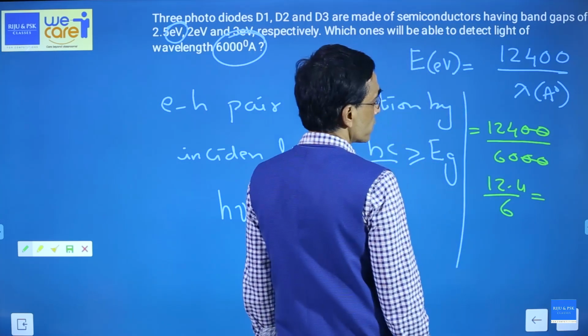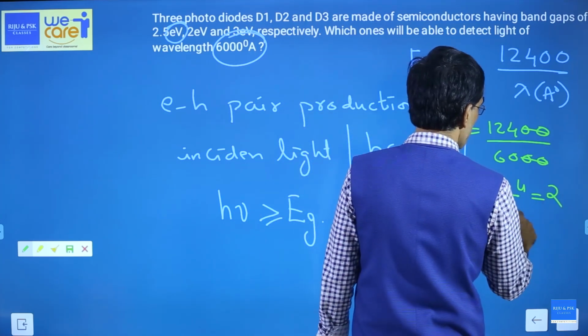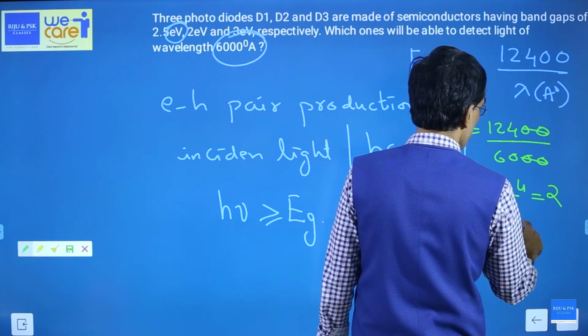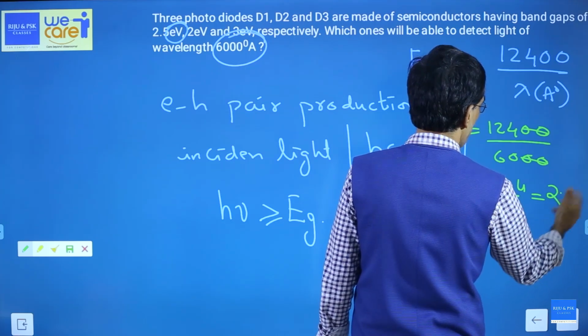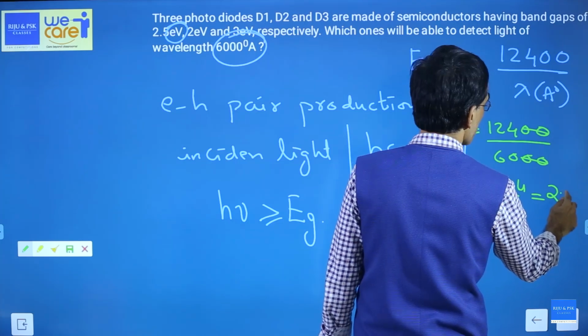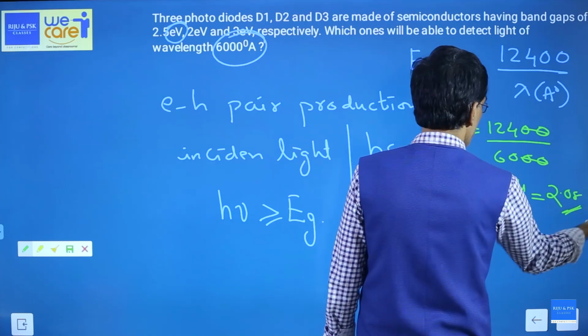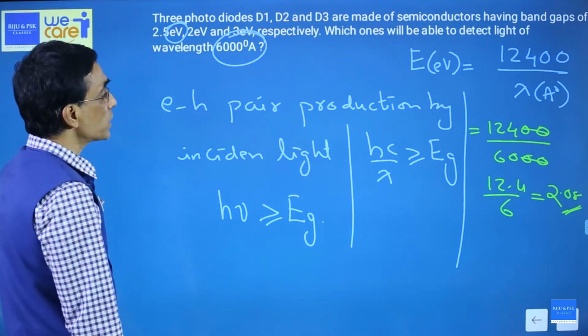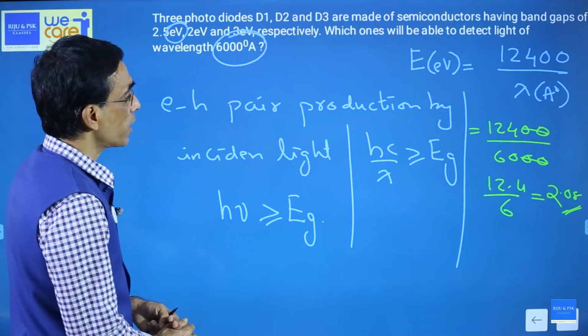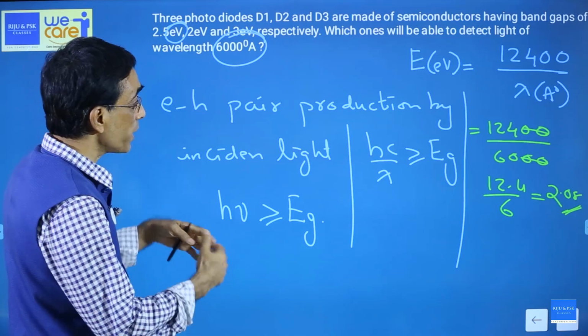That's around how much? 6 2s are 12, 2, then how much is that? 2.08 something, right? Maybe something a little greater than 2. So the energy gap should be smaller than this.